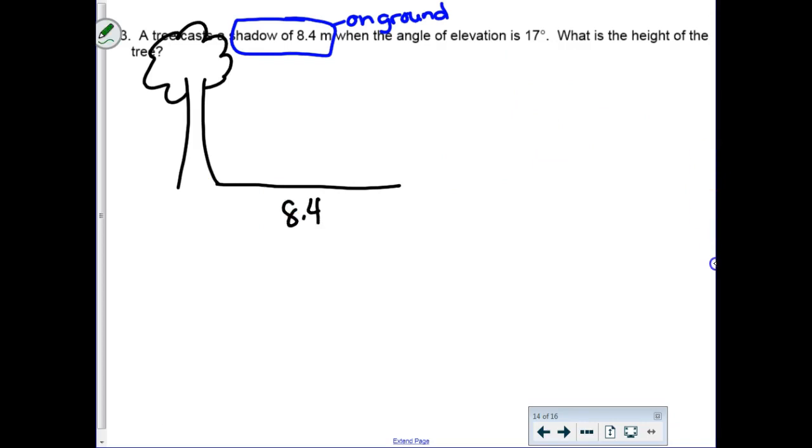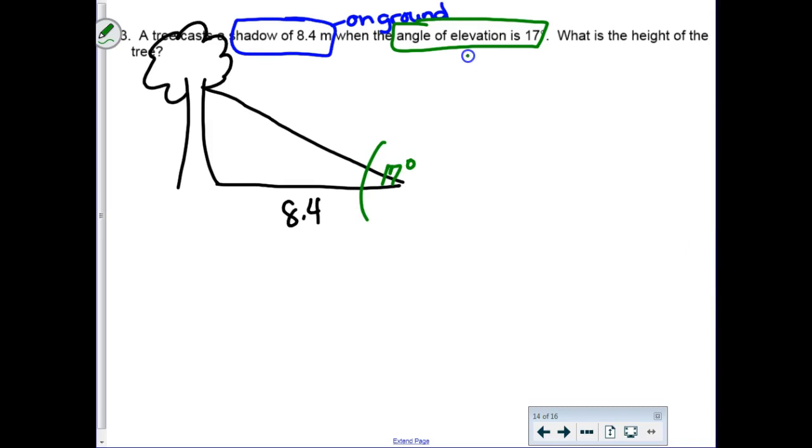And then it says the angle of elevation is 17 degrees. So the angle of elevation can be found two places in your triangle. It's actually the same thing as the angle of depression. The angle of elevation is from the ground looking up at something. So this angle right here is 17 degrees. That's the angle of elevation.